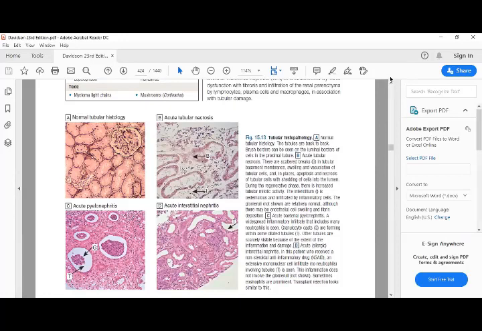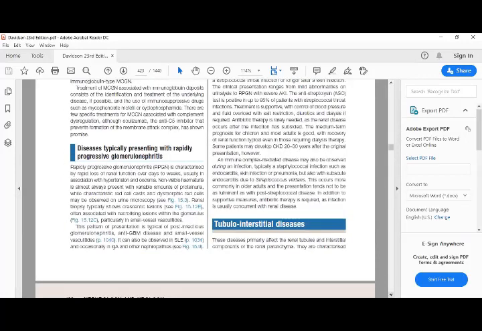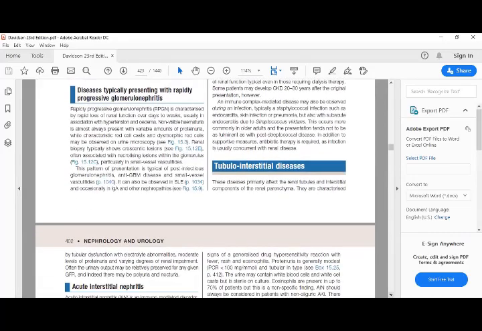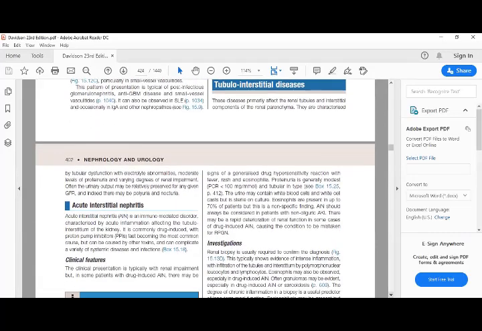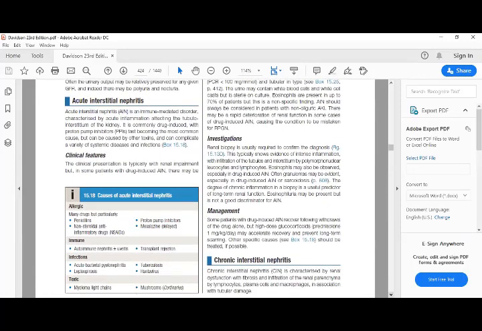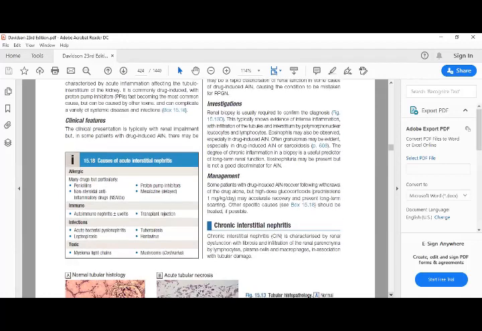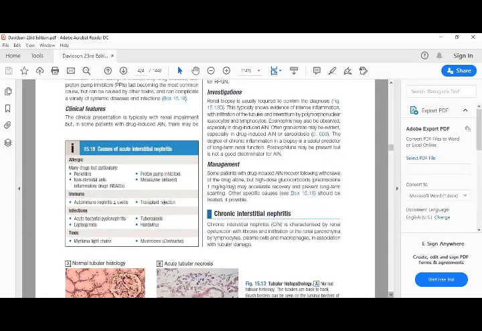Chronic interstitial nephritis can lead to chronic renal failure. It is characterized by renal dysfunction with fibrosis and infiltration of renal parenchyma by lymphocytes, plasma cells, and macrophages in association with tubular damage.